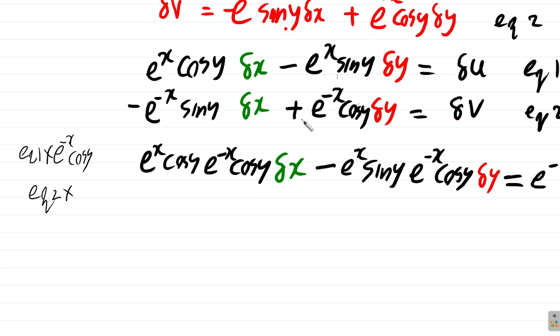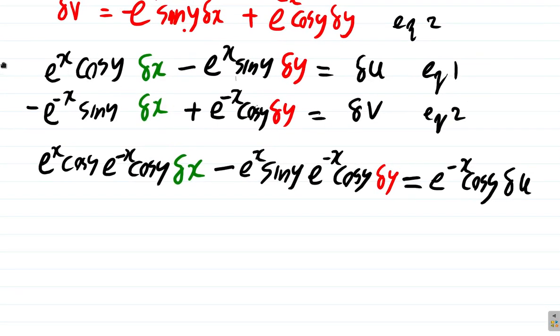So we had e to the x cos y times e to the negative x cos y delta x plus, not minus, e to the x sin y multiplied by e to the negative x cos y times delta y is equal to e to the negative x cos y times delta u. Good.